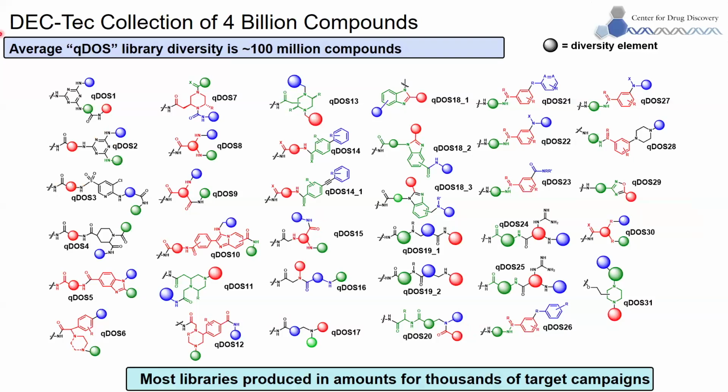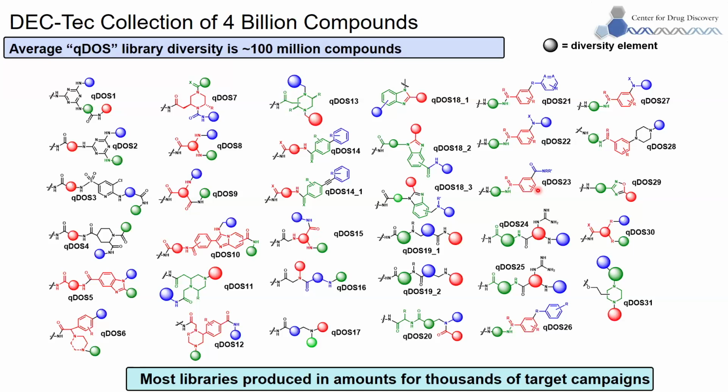You see a triazine, which was initially the establishment of our work, then later piperidines and benzimidazolines and so on. We use our regular practices. We synthesize these libraries in amounts that are sufficient for at least thousands of target screens. So that's how we operate this.